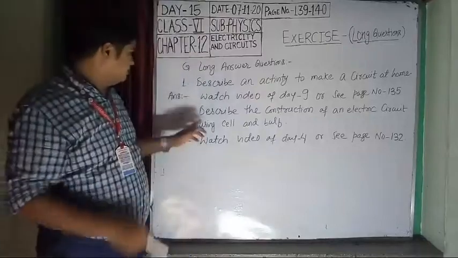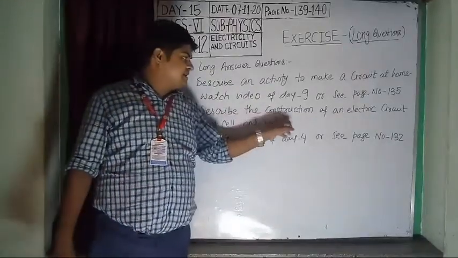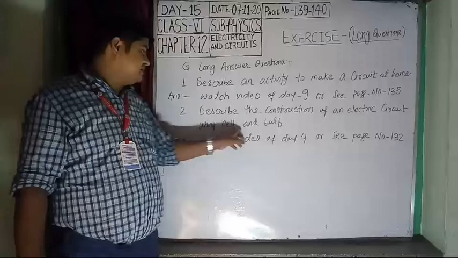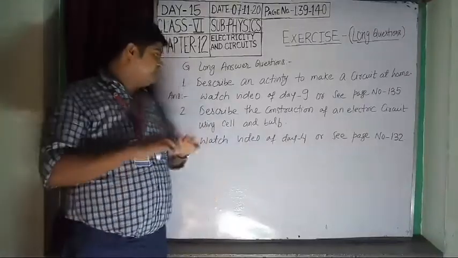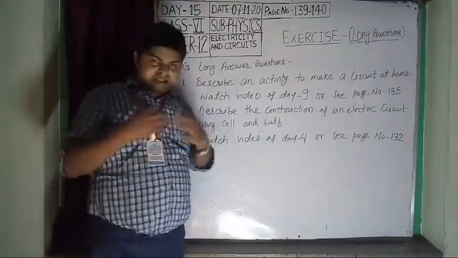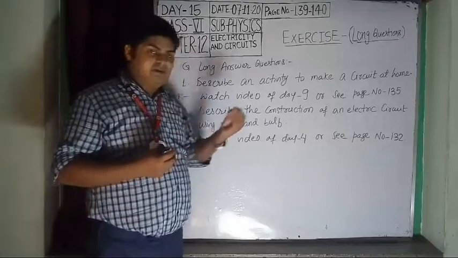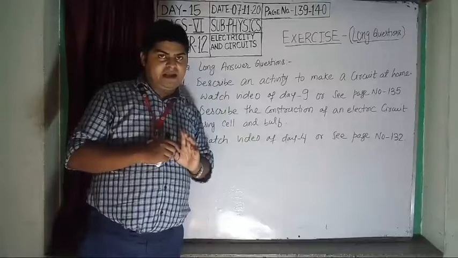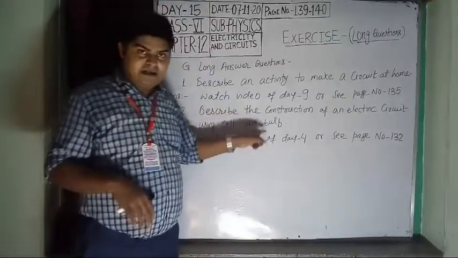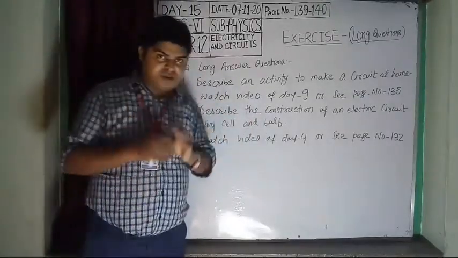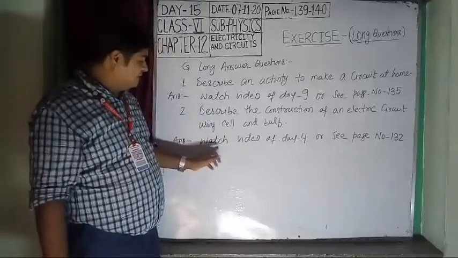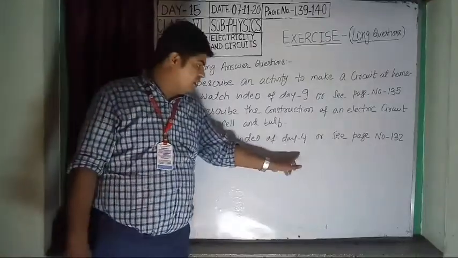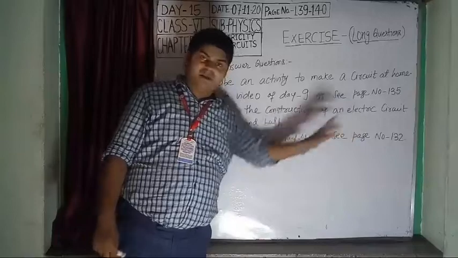Now question number 2, describe the construction of an electric circuit using cell and bulb. That means you will explain the construction of a circuit which is made by only a cell, a bulb and wire. I have also explained this topic in activity number 2. So you will once again watch the video of day 4 or see page number 132.